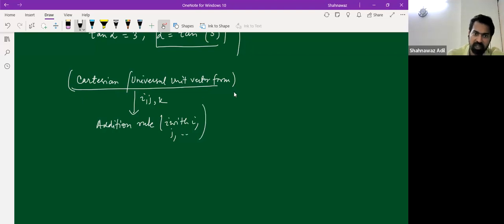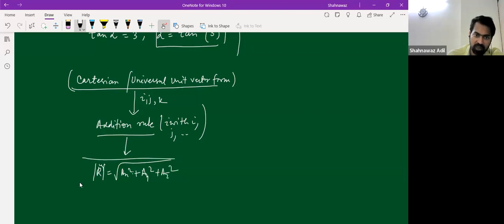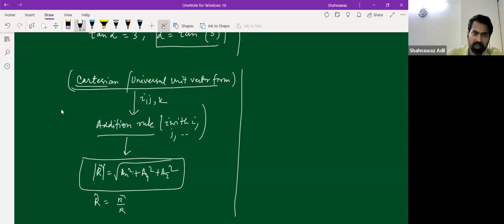This is how we do the addition, right? Then we find the magnitude, or whatever is Rx, and so on. And the direction is the R vector divided by its magnitude. So this is the Cartesian form.